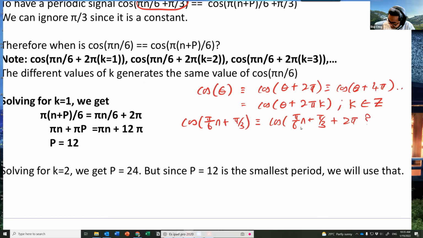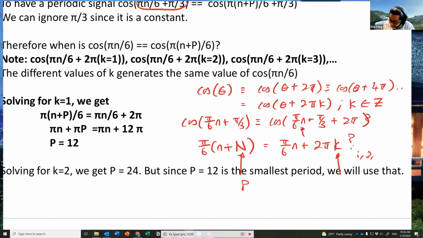Now, what is changing is that little n here. We want to find when this, pi over 6 (small n plus big N), well, big N is the period, or I call it P in this example, is equal to pi over 6 n plus 2 pi k. And k can be 1, 2, even minus 1, minus 2, any integer value. And once that is true, then we can solve.